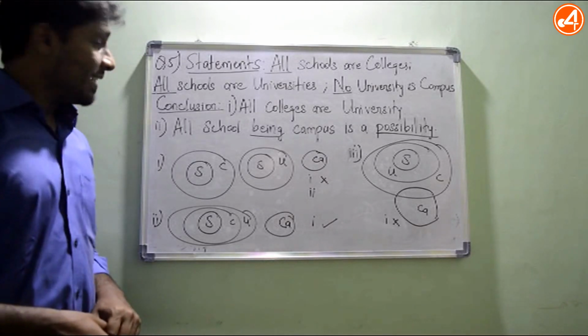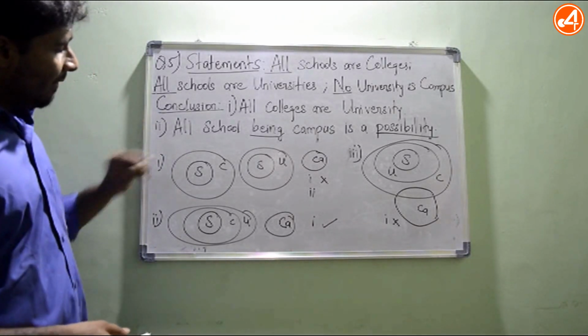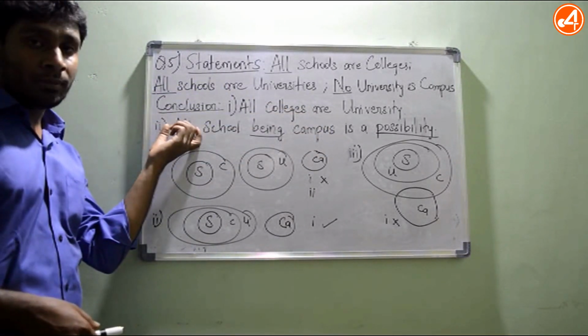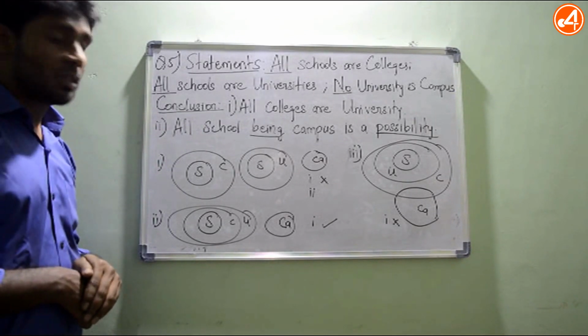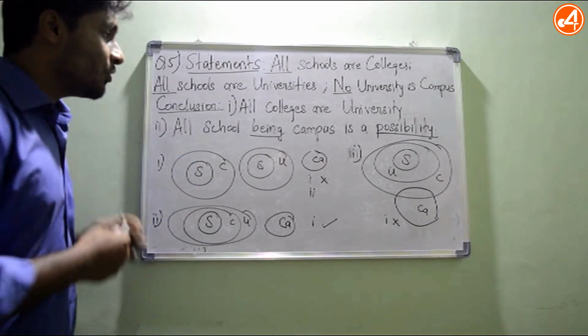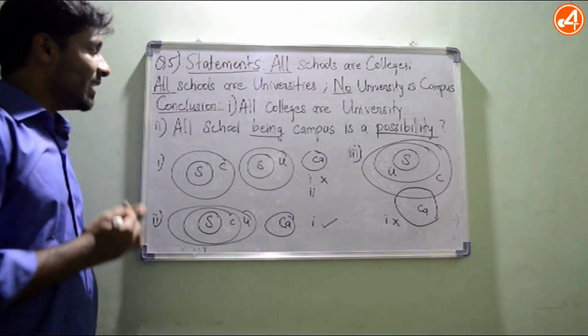So the second statement states that all schools being campus is a possibility. So in this one, can the schools be related with this campus? And if so, can it take in terms of all? It was just a possibility. So as we discussed in the last question, possibility means just a chance. So chances of occurring, this is a true or false. So I can again take this as my question mark.